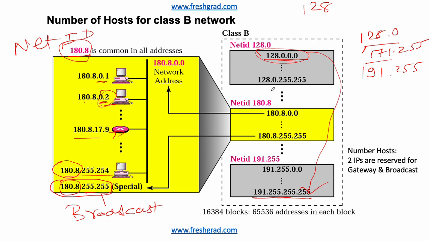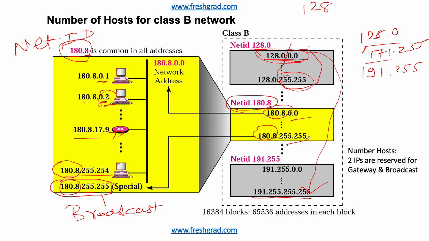And what are your host IDs? These last two digits are host ID. So in this one, your network ID is 128.0 and your host ID can be 0.2 to 255.255. And in this one, network ID is 180.8, right?